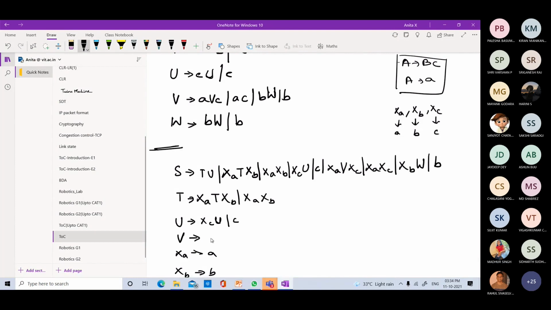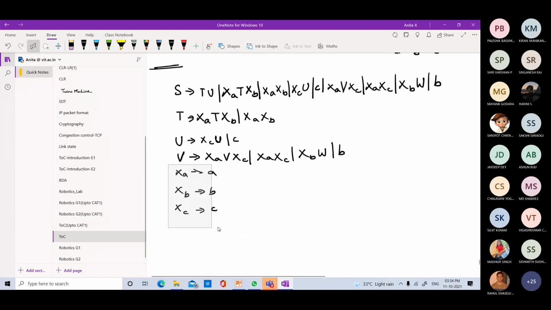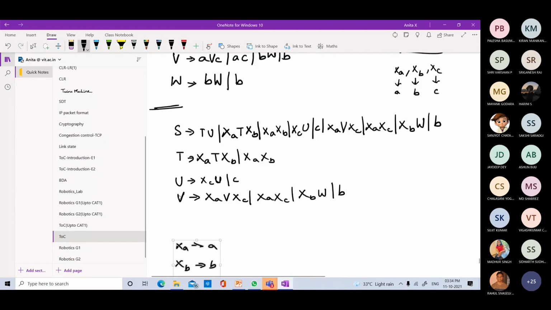T derives Xa, B, Xb, or Xa, Xc, or Xb, W, or b. W derives Xb, W, or b. Hope you have written this right.